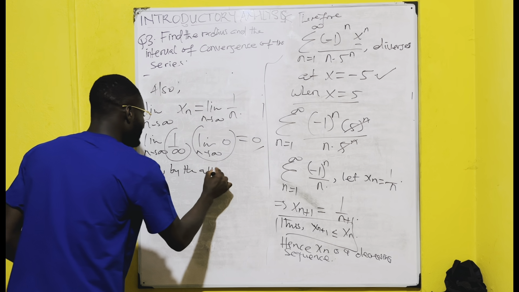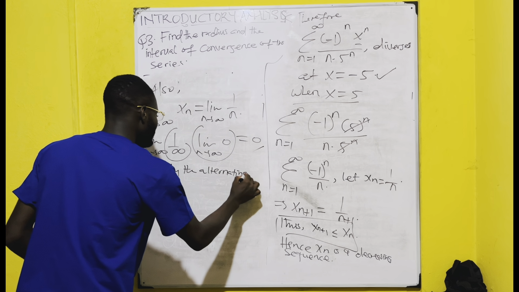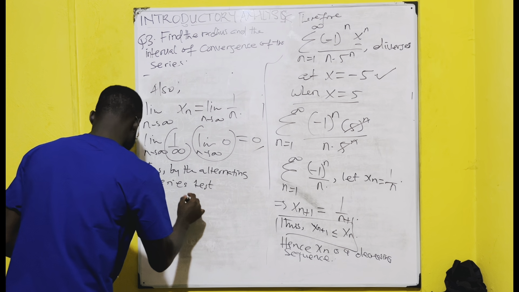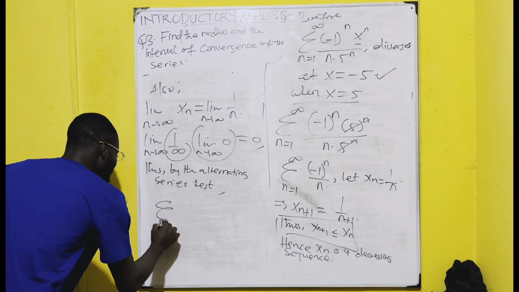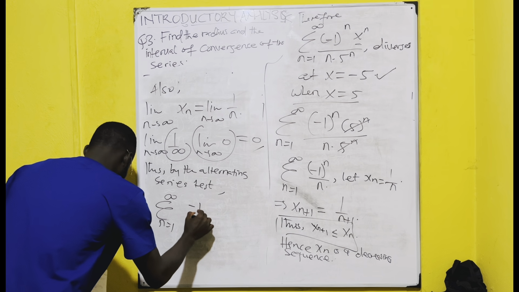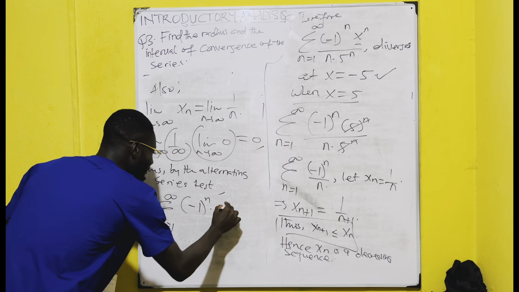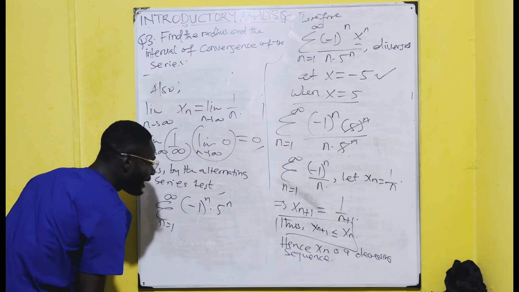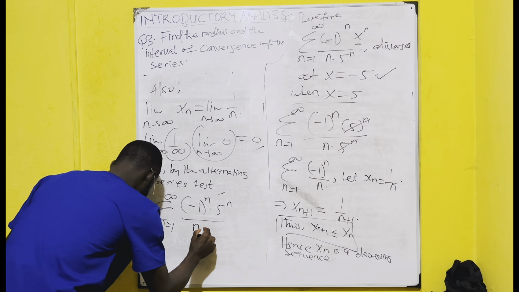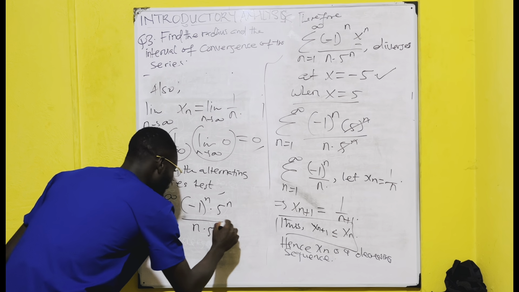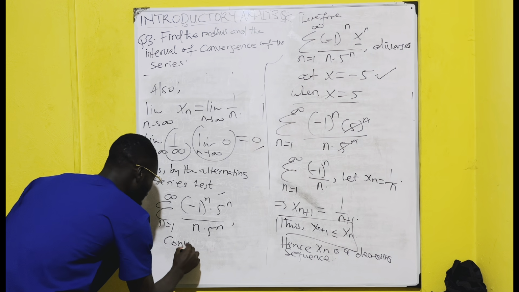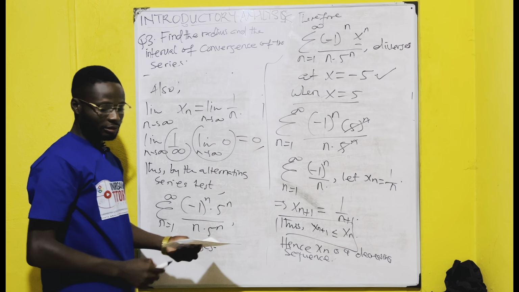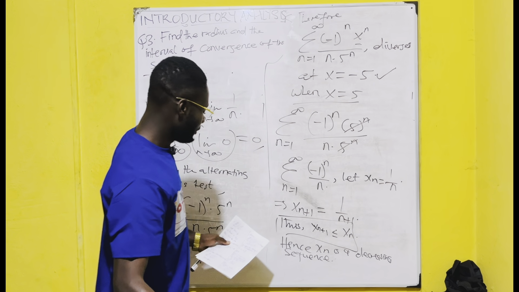by the alternating series test, we say that the summation from n equals 1 to infinity of -1 to the power n times x to the power n divided by n times 5 to the power n converges, right? Converges, right? Because we had the limit to what? 0. So it converges, right?